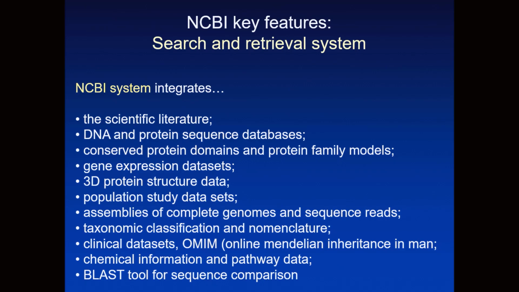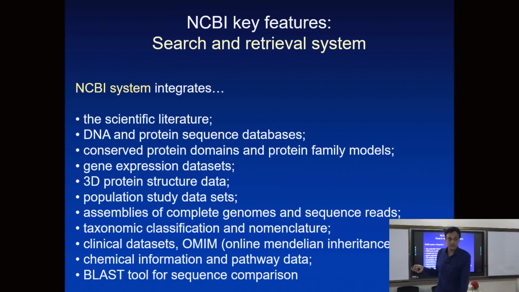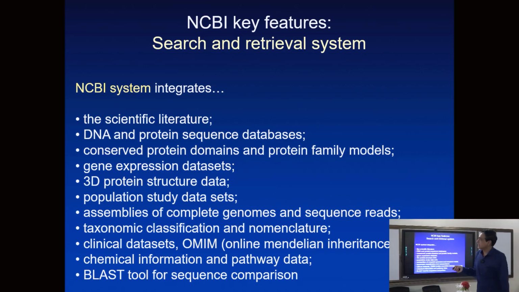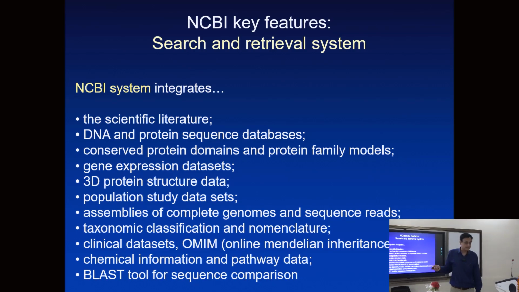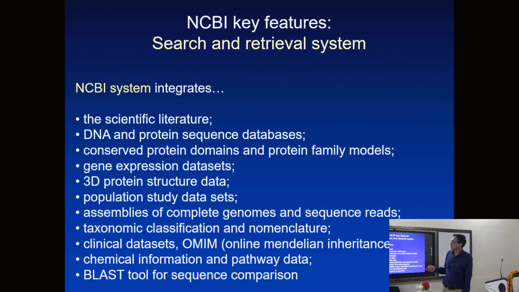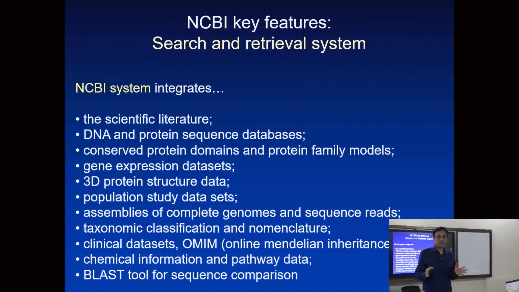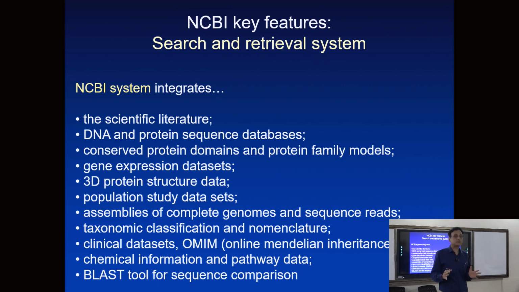NCBI system integrates. So these are the features of NCBI. The scientific literature, which we just discussed, and DNA and protein sequence data. So there are databases of DNA and protein sequences. Conserved protein domains. So there are regions in proteins that are conserved over the course of evolution because they are important for functions of the proteins.